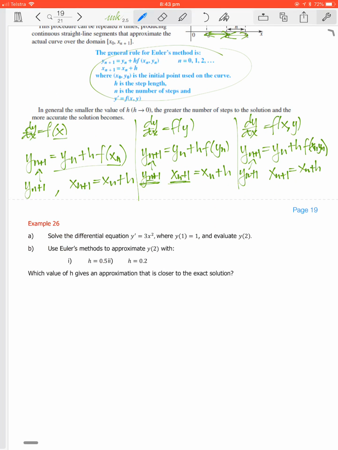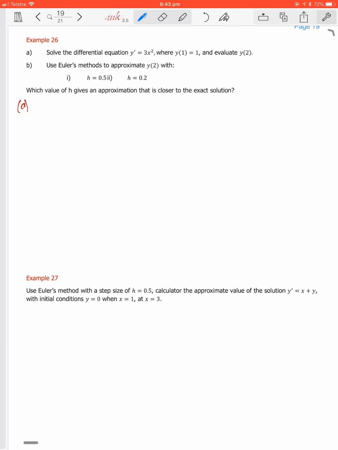We're going to do the exact first. So I want to find the exact answer. So here's A. We've got the integral of 3x squared dx. So we know that that's equal to y. So we can say y equals x cubed plus c, because we integrate this and we get a constant.